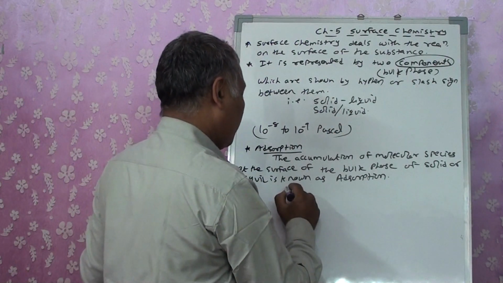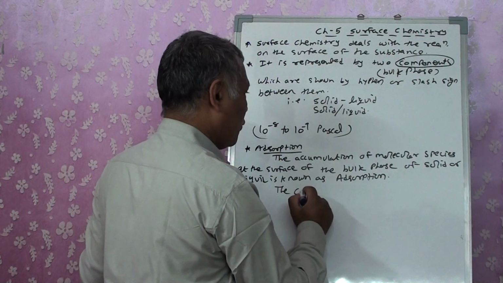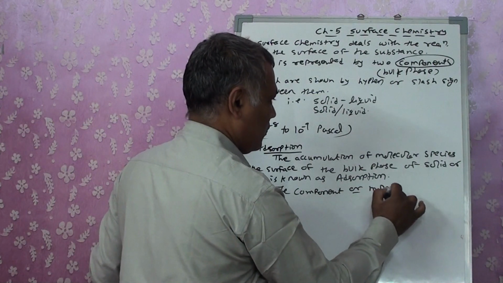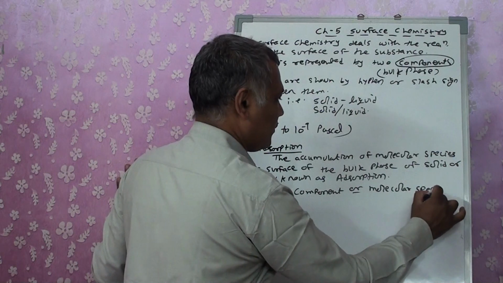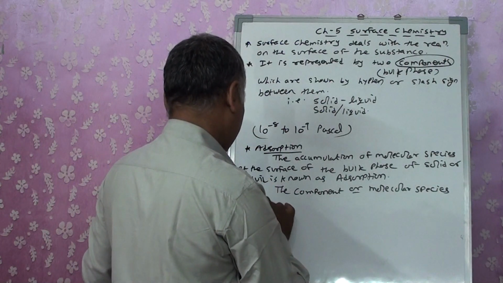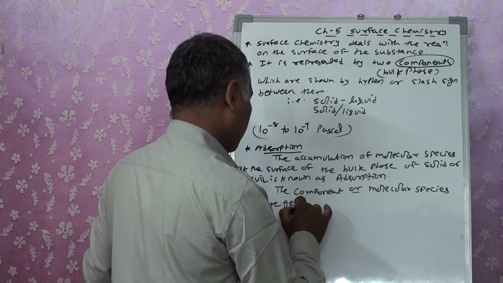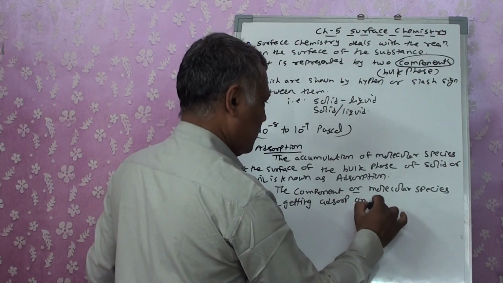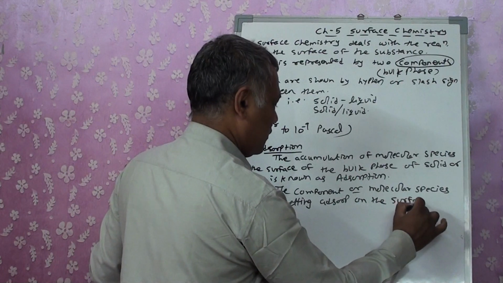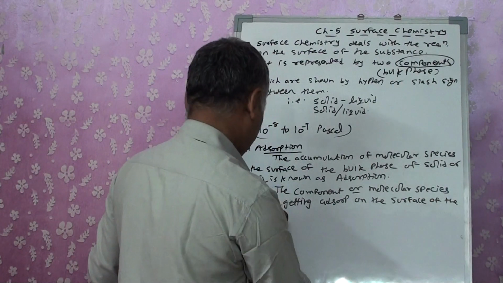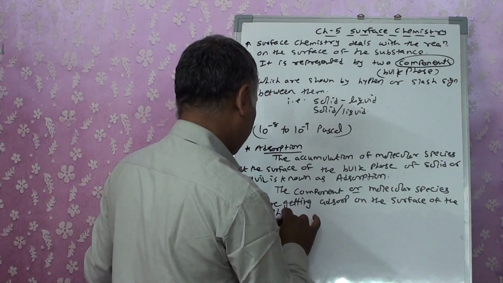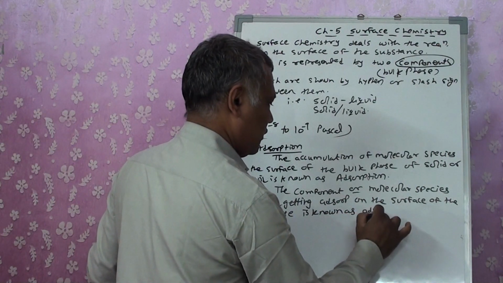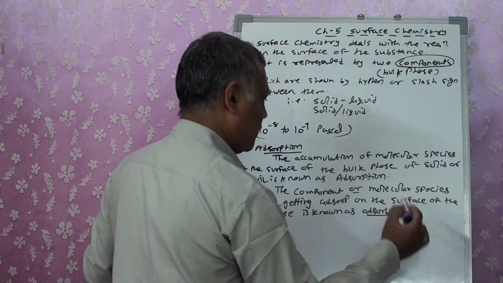So in that case, the component or molecular species which are getting adsorbed on the surface of the bulk phase is known as adsorbate.